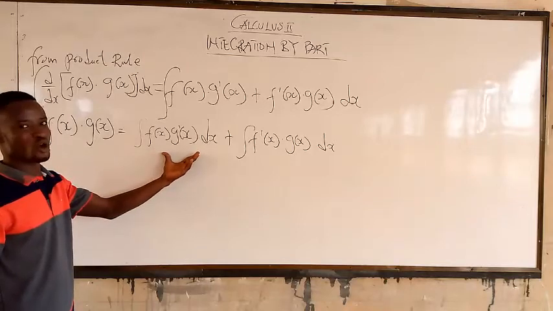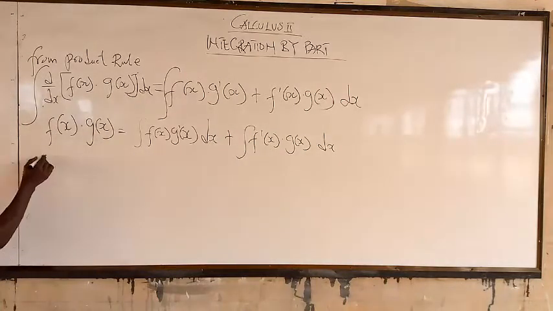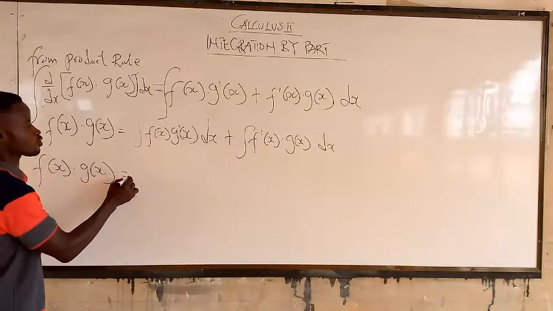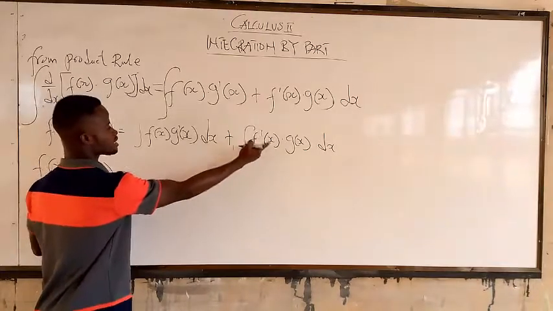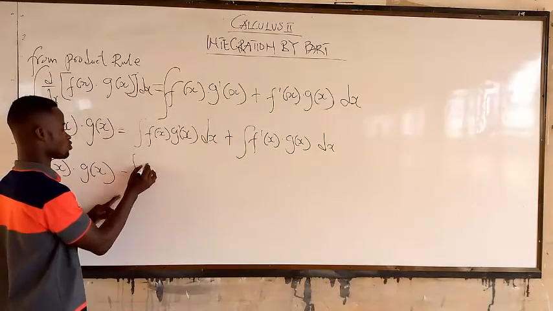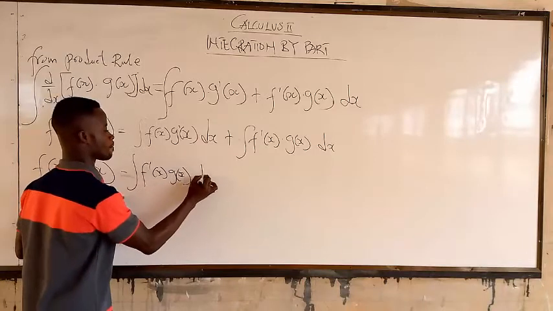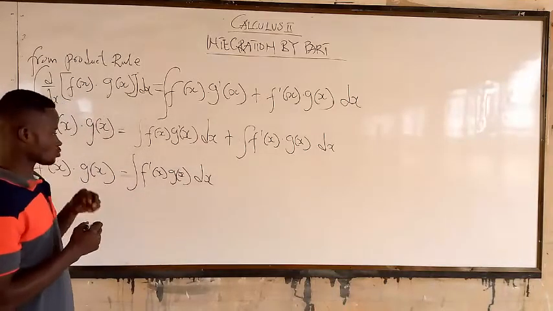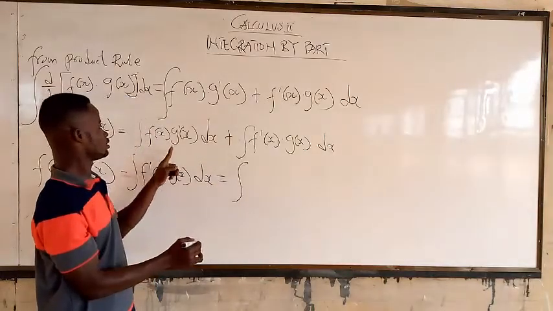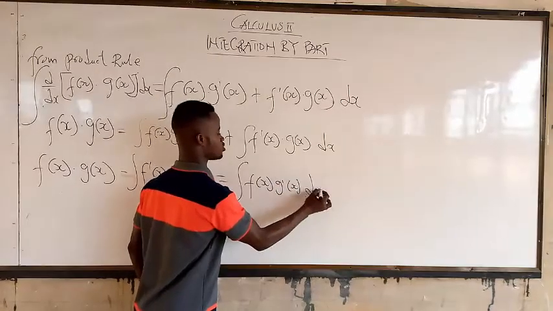So when we maintain this on one side, that means we have to move this to the other side. We maintain f of s and g of s here, then we subtract this from it because it's crossing the equal sign. So the integral of f prime of s g of s ds equals the integral of f of s g prime of s ds.